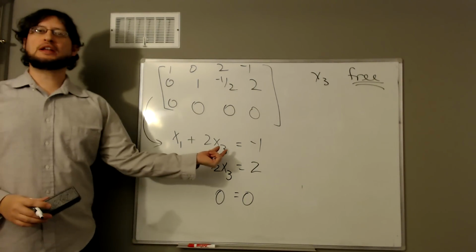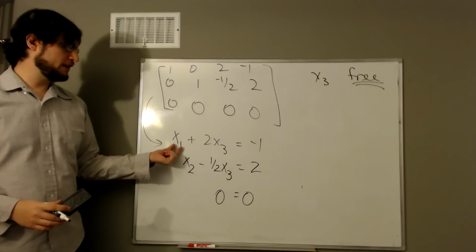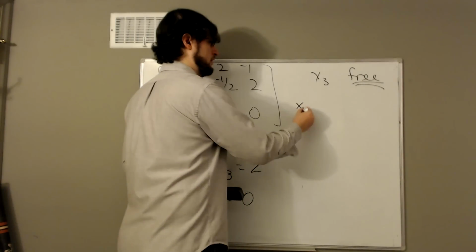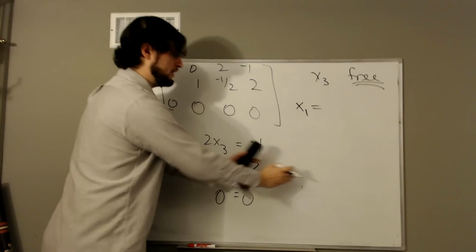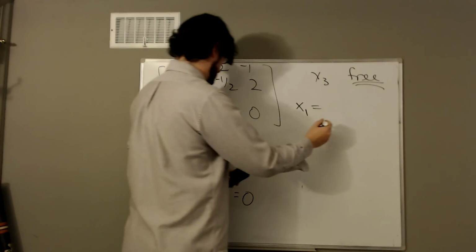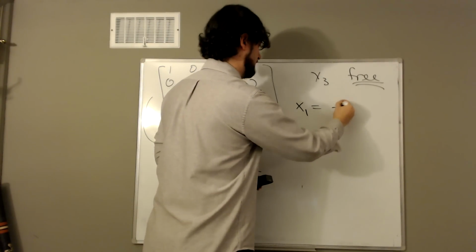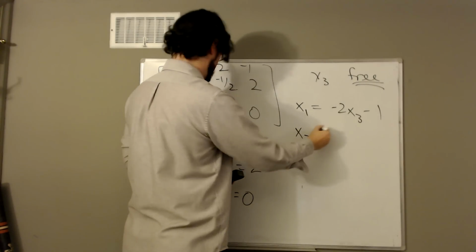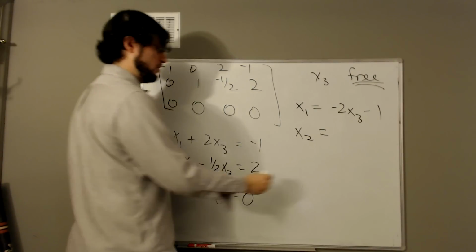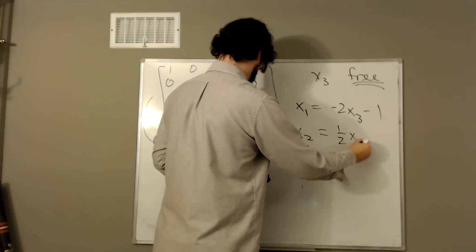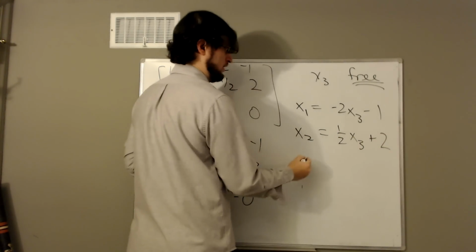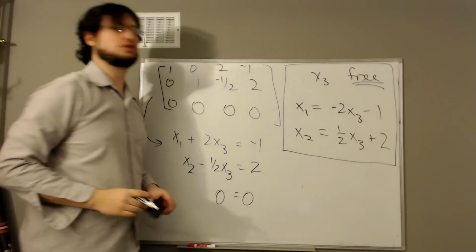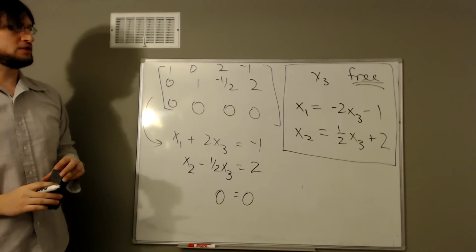And no matter what I choose x3 to be, I can figure out what x1 is and what x2 is. I'm going to put my free variable over on the right and say that x1 is negative 2x3 minus 1. x2 is 1/2 x3 plus 2, and x3 is free. And this is my solution to the system of equations.